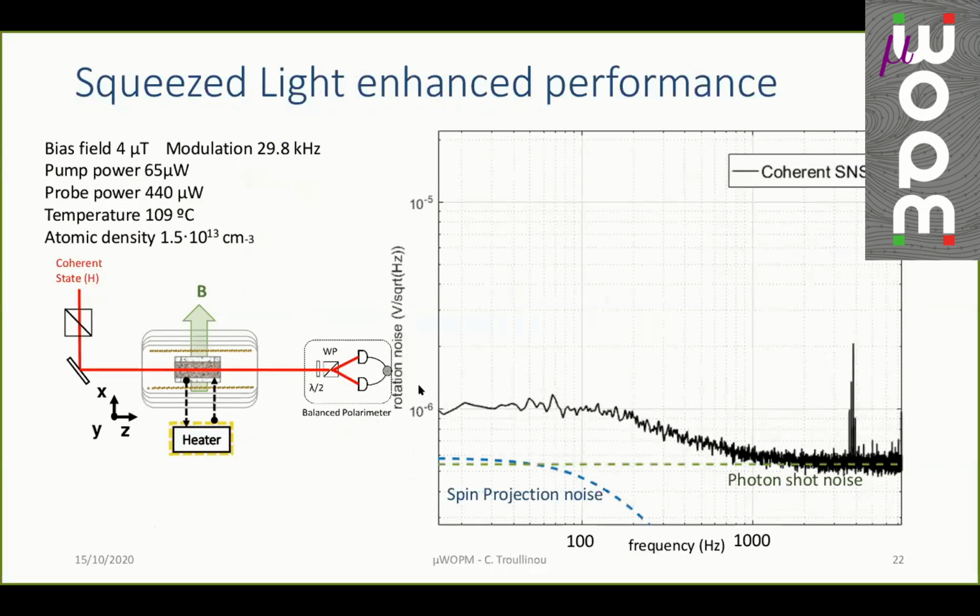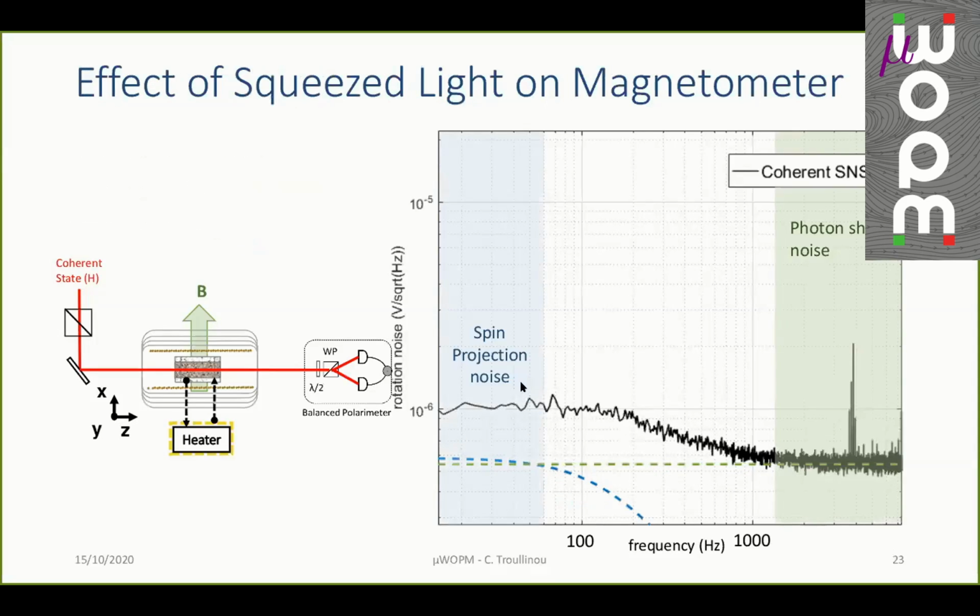The actual data I show you here is for a bias field of 4 microtesla that corresponds to 29.8 kilohertz modulation frequency. We can get a spin projection noise spectrum that looks like that. Here you can see the two areas, the photon shot noise curve and the spin projection noise curve, that give us the spin projection noise limited area at lower frequency and the photon shot noise limited area at higher frequency.